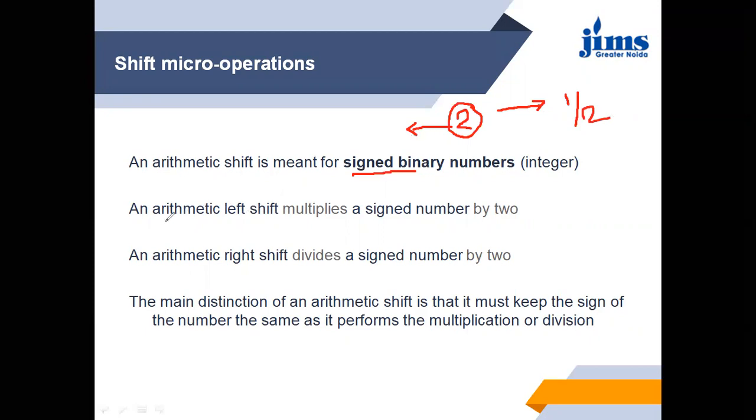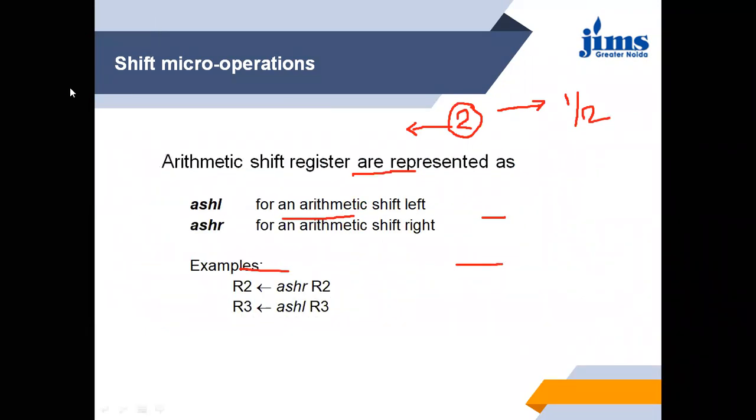In arithmetic shift left, the signed value is multiplied by 2, and in right shift it is divided by 2. It happens in the case of a shift register. This is represented by ASHL, meaning arithmetic shift left, and ASHR, arithmetic shift right.